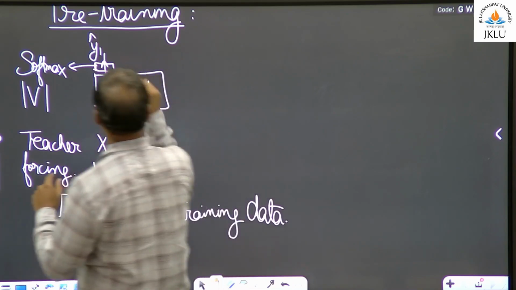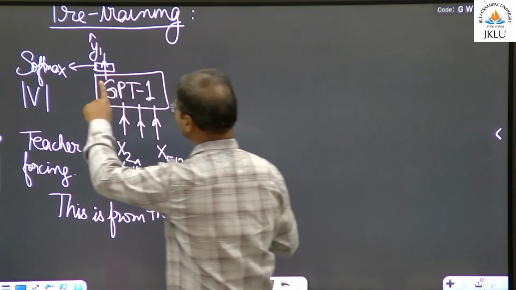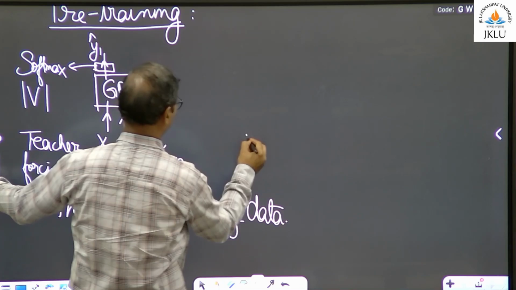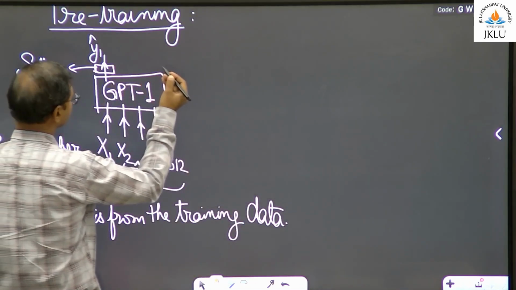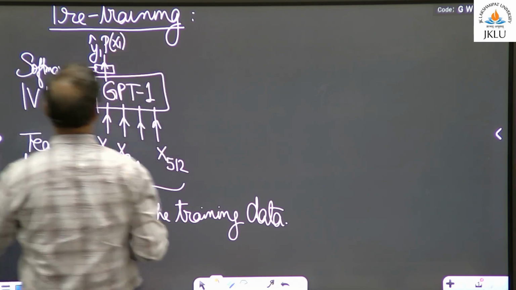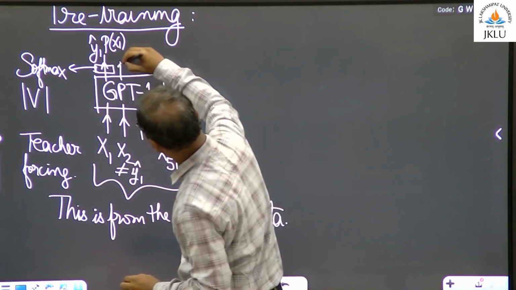Now the question here is, what is y1? So what are you supposed to do in the end here? You are supposed to give me the probability of x1. What are you supposed to output here?